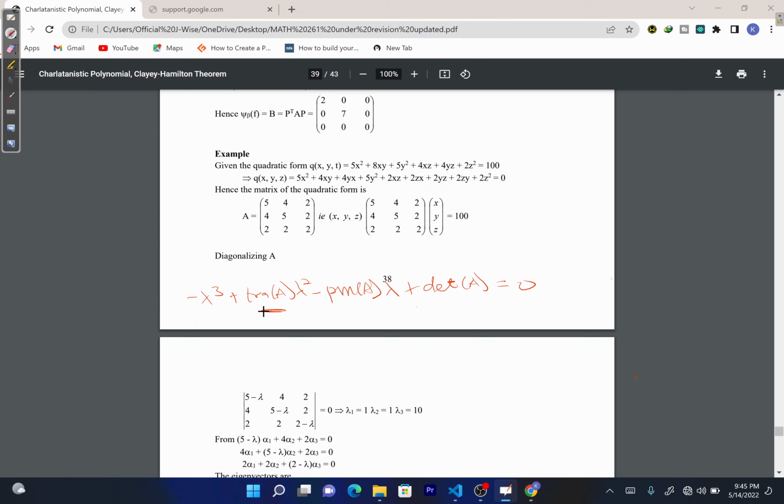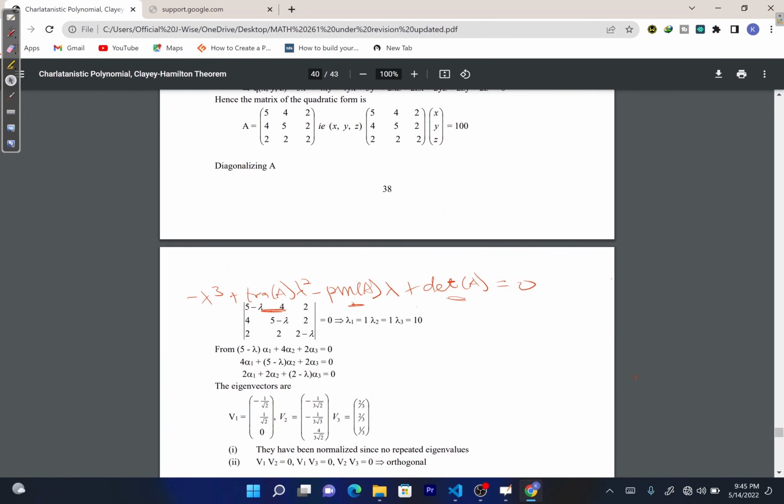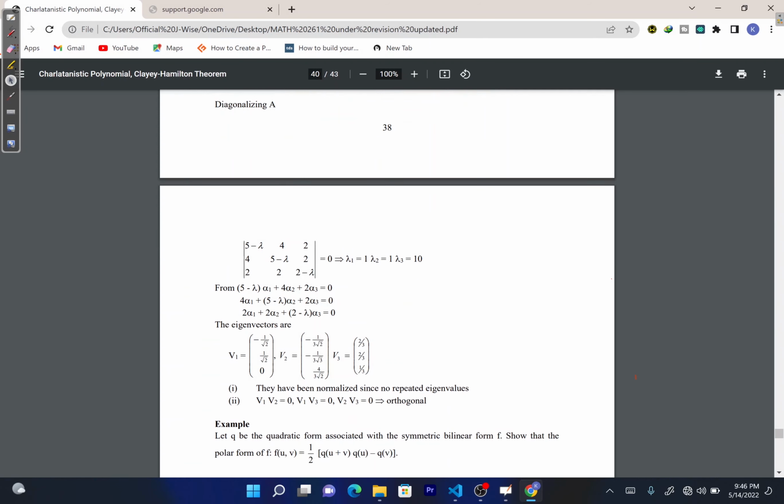The trace of matrix A is the sum of the diagonal elements of A. The principal minor is the sum of the minors of the diagonal elements. Then the determinant is clear. So you can use that to generate the eigenvalues of symmetric matrix A.